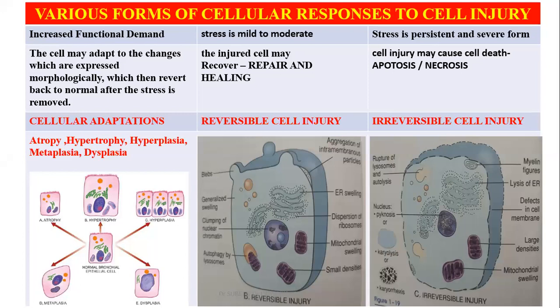Metaplasia means replacement of one fully differentiated cell type by another. If you consider chronic gastritis, what will happen? Excessive attacks of gastritis can bring about changes in the cells of the stomach.